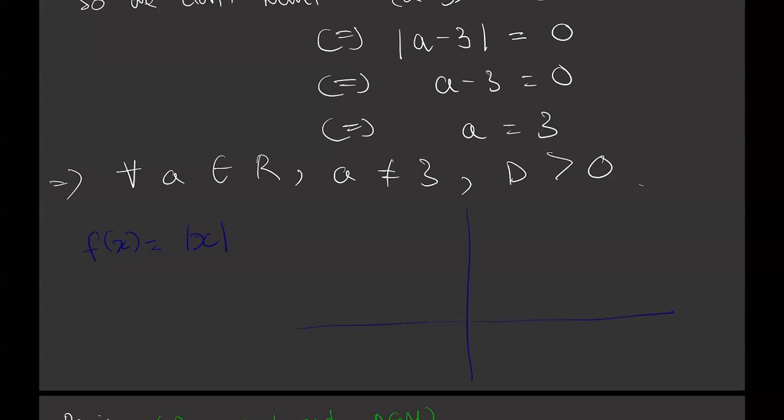If you look at the graph of the absolute value function, with minus 1 and 1 as x here, and 2 and minus 2, the absolute value of minus 1 will be 1, and the absolute value of 1 will also be 1. Similarly, the absolute value of minus 2 equals the absolute value of 2. You see? So the absolute value of a number is 0 only when that number is 0. That's why I know that a minus 3 equals 0.